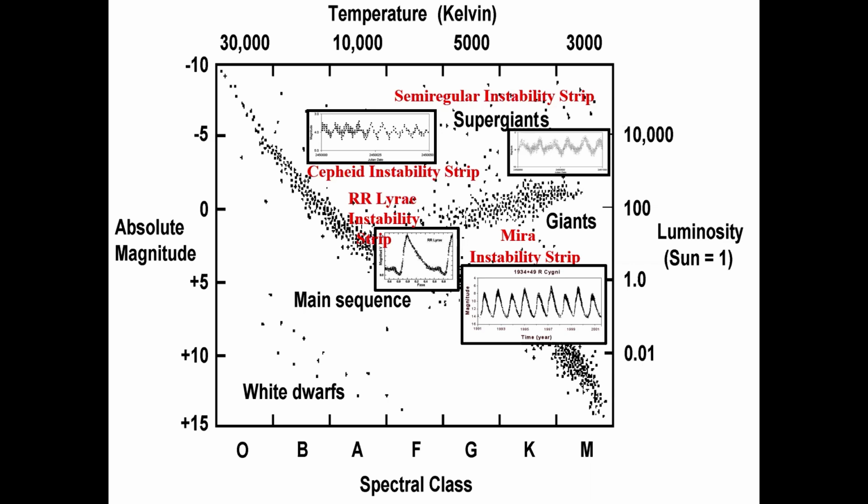Each class of variable produces their own unique light curve, and their cycles range from less than a day to 300 and more years. So again, these are all produced by internal processes, intrinsic properties of the stars as they become unstable, moving from one stellar evolution phase to another.